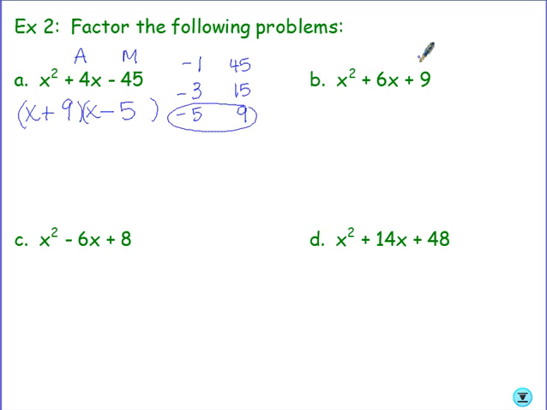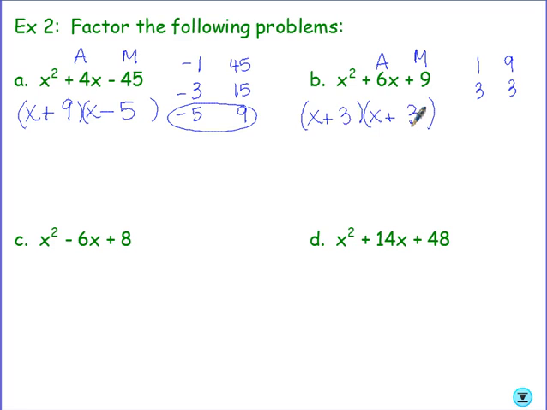We are multiplying on B to get a 9 and adding to get a 6. Positive here and a positive here means that they are both positives. My only options for 9 were 1 and 9 or 3 and 3. The pair that makes 6 when you add them up are 3 and 3.